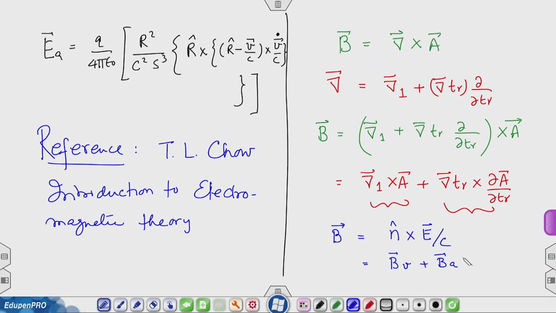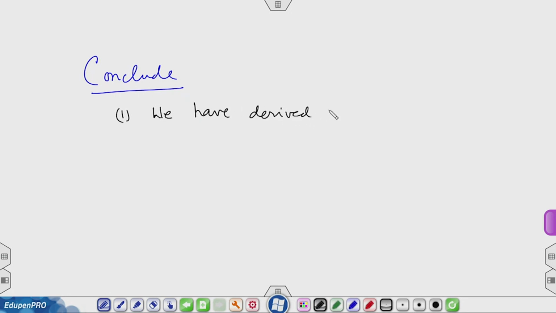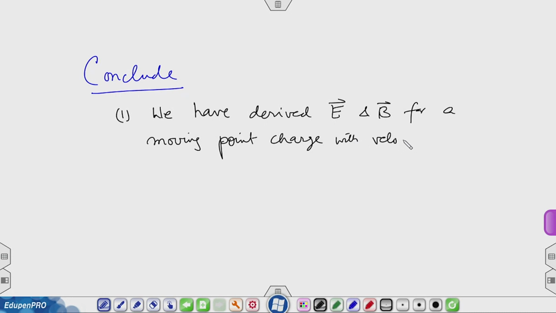So, let me now conclude this lecture by stating that we have derived E and B for a moving point charge with velocity V of t.